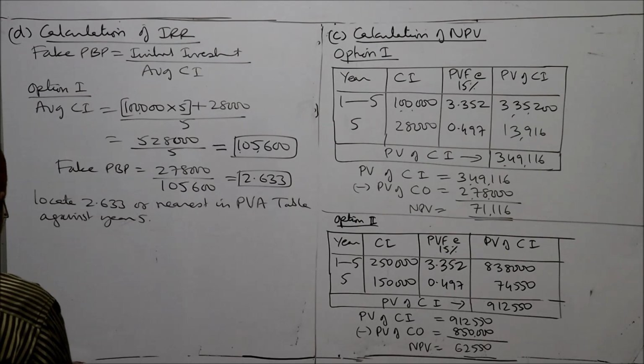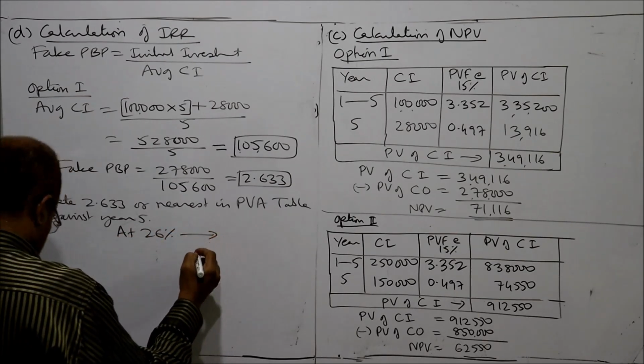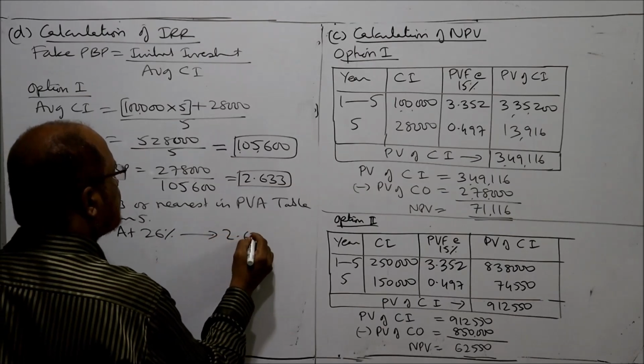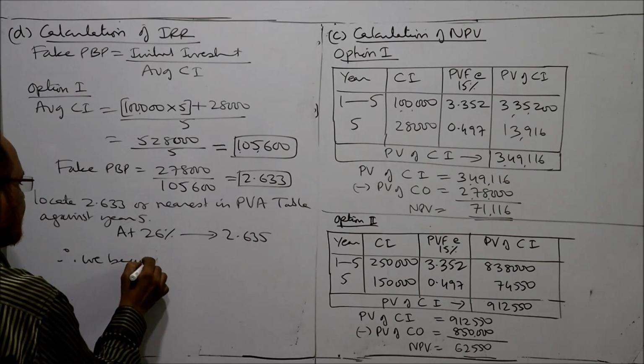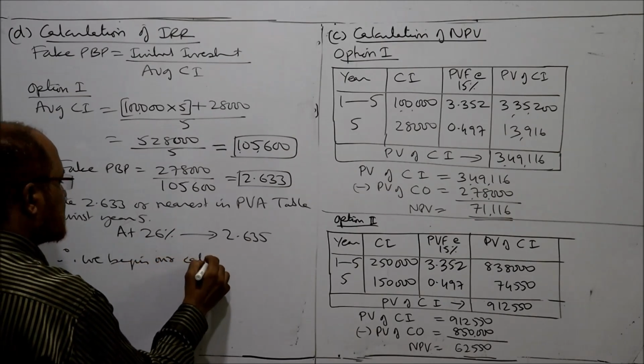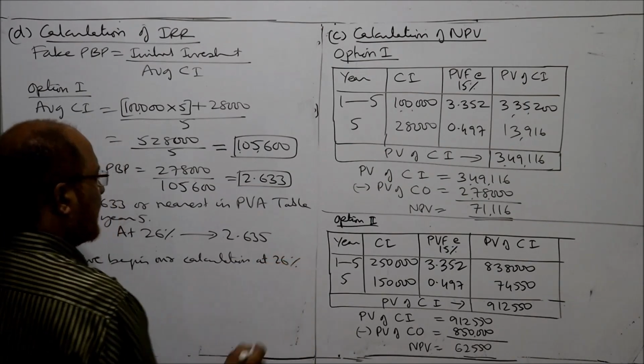Against year 5 at 26%, it is 2.635. We begin our calculations at 26%.